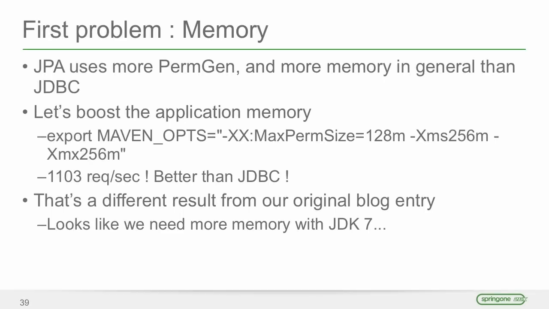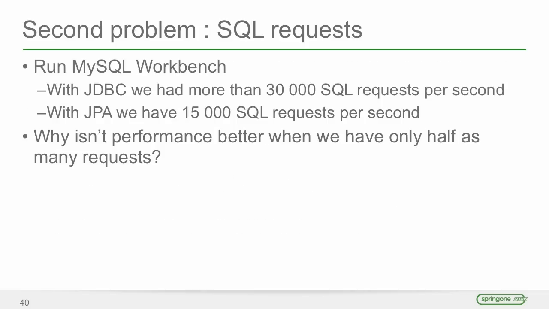Oh yeah, sorry, that's exactly what I expected, 1103. But that's different, by the way, from my blog entries. With my blog entries, I did not increase the memory. I was staying with 128. So it looks like JDK7 is having an impact, probably the garbage collector. So it's not very important, but still, there's an impact with JDK7.